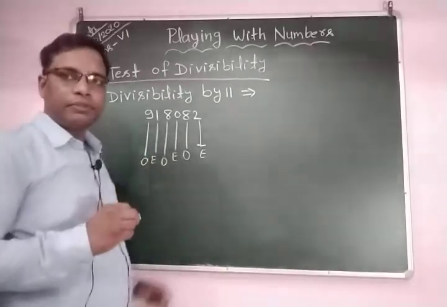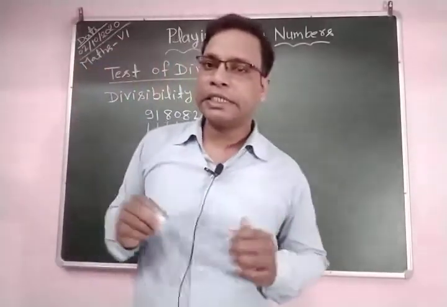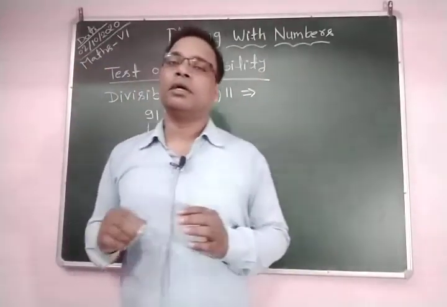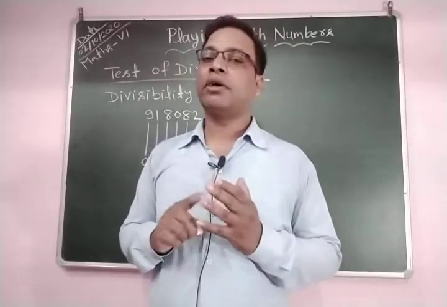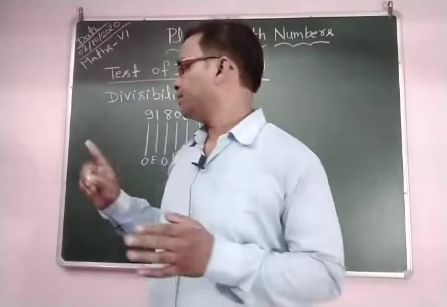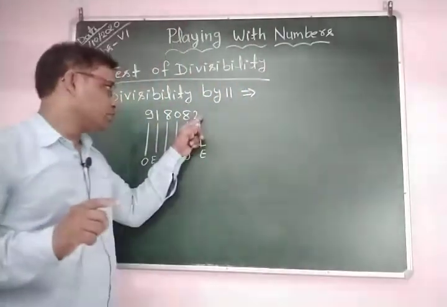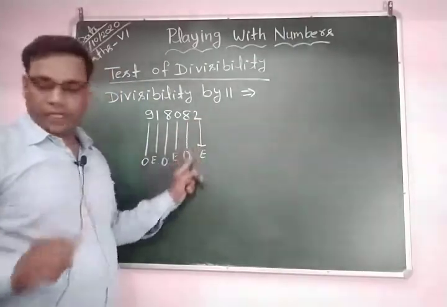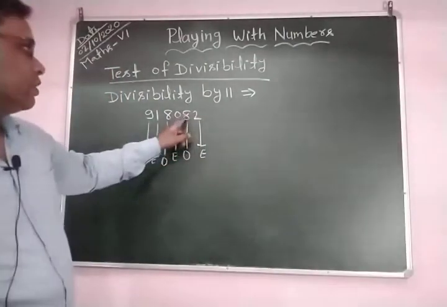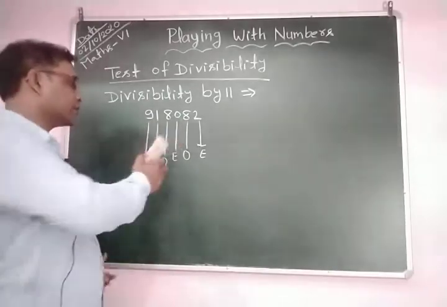So you can see even place digit, odd place digit, even place digit, odd place digit, but not even number, odd number. No, this is an even place digit. Odd, even, odd, even, odd, even. Okay.